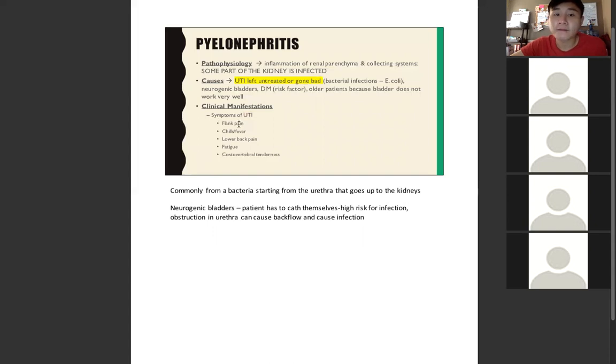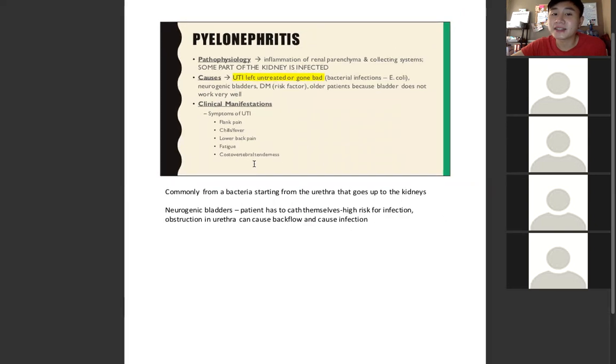Clinical manifestations include flank pain, chills, fevers, lower back pain, fatigue, and pain on CVA assessment. Guys, remember in the health assessment class we do this. This is to assess for the CVA.